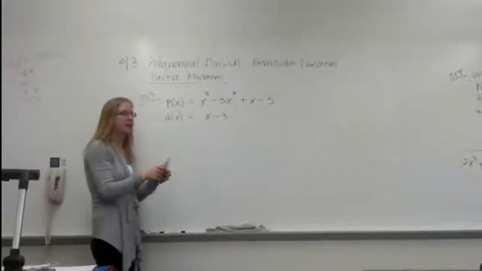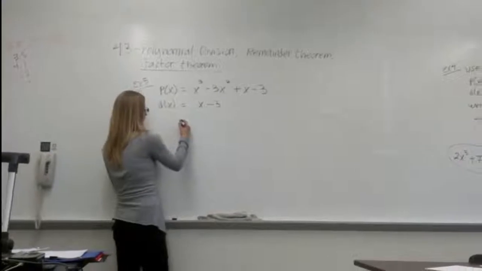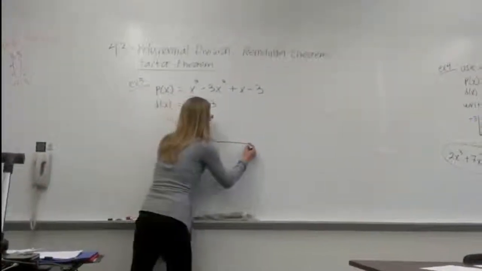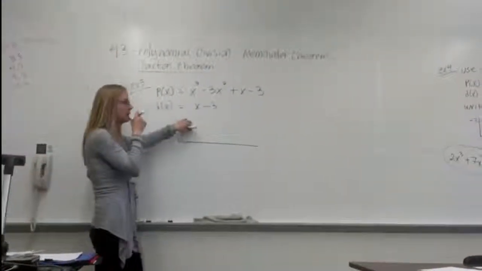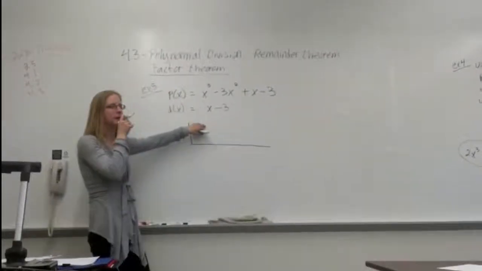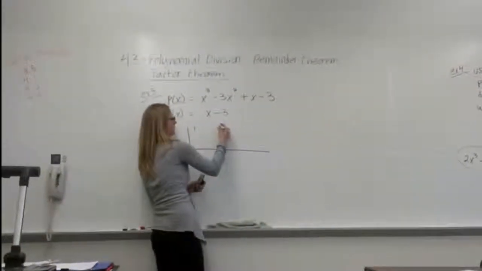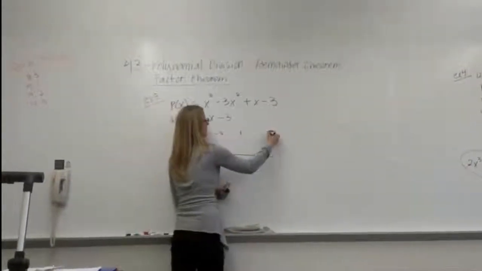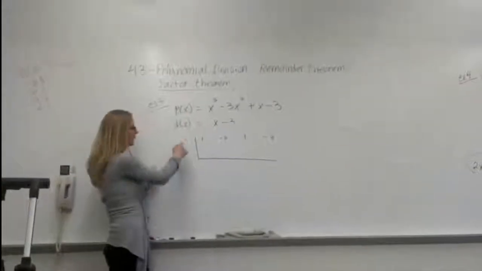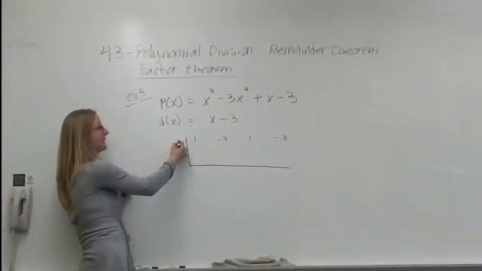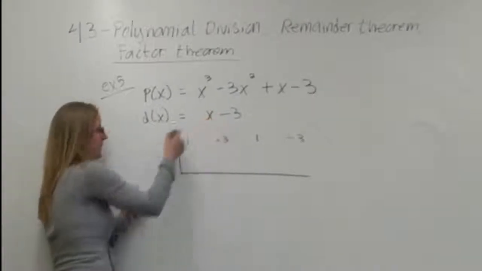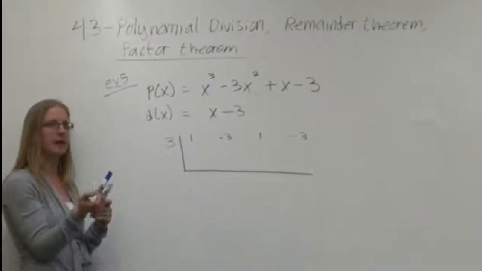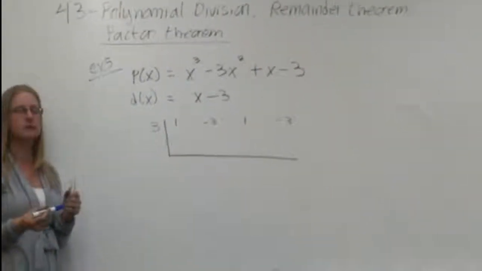Okay, so let's do the synthetic division, the same exact idea. What are my coefficients here? 1, -3, 1, -3. What goes on the outside here? Positive 3, right? Opposite of that divisor. Excellent. And then we do the synthetic division, so let's go for it.